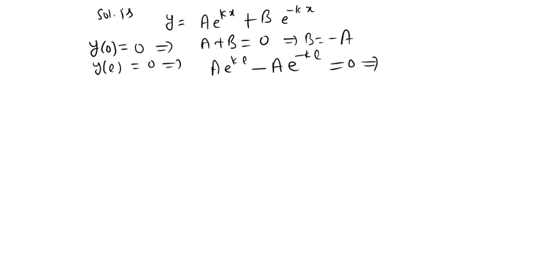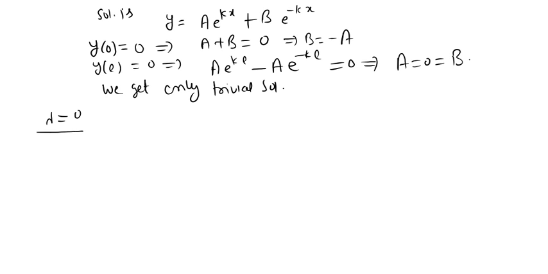Exponential is not 0, so this implies a equal to 0, so b equal to 0. So we get only the trivial solution, which is 0 for a homogeneous equation, and we are not interested in this 0 solution. In fact, this will not provide anything further.